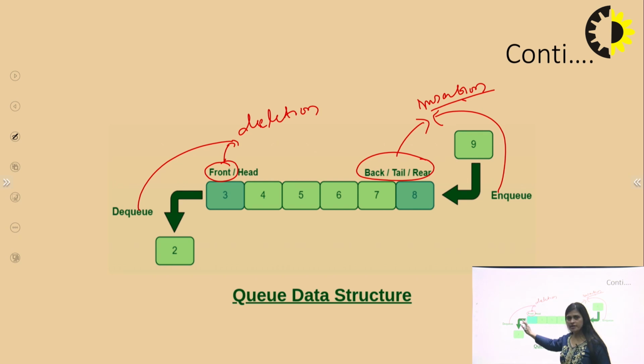This is the front end and this is the back end. We also call the front end the head and the back end the rear or tail. If you want to delete any item from the queue, you always use the front end. You can delete an item only at the front end.